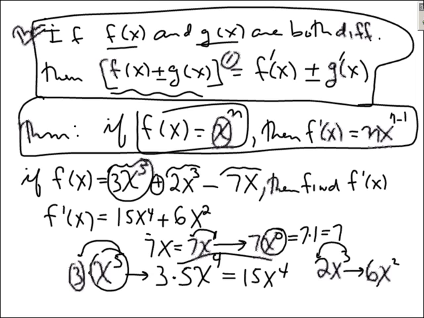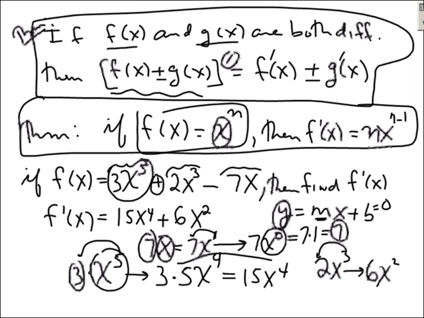The derivative of a number times x is just a number. Think about what derivative means. It means slope. And if you have y is equal to mx plus b, in our case, b is 0, but the derivative, the slope, is always m. The derivative gives you the slope.